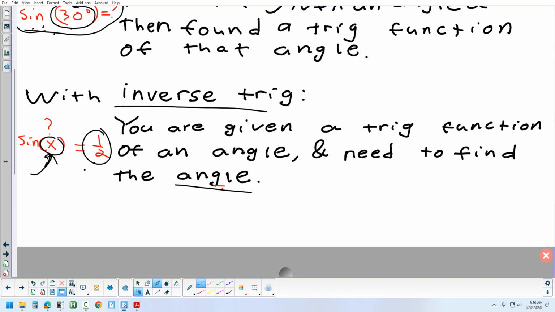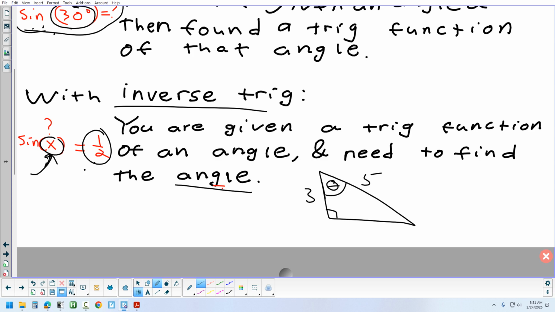So where's that kind of thing going to come up? Well, eventually, probably on Wednesday, we're going to talk about solving triangles. I'll give you a couple sides in the triangle, and then I'm going to say solve and tell me how big that angle is right there. Well, the only way to figure out how big that angle is to use inverse trig.